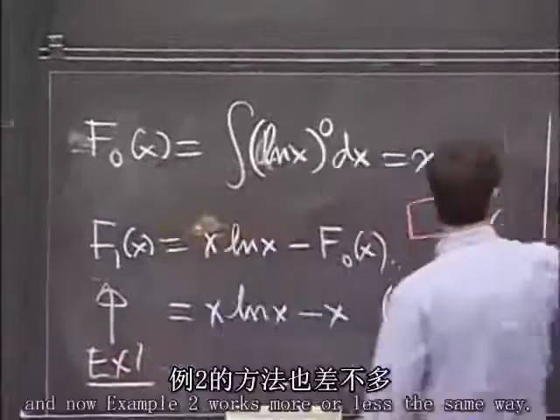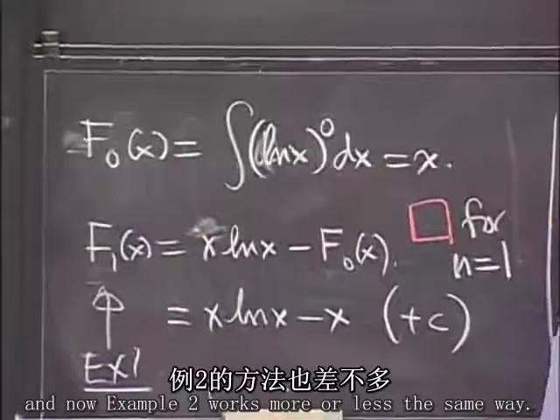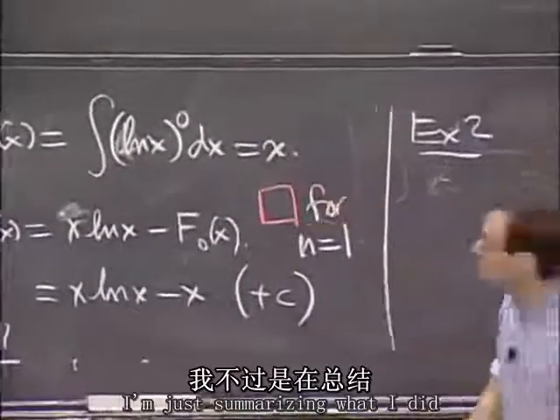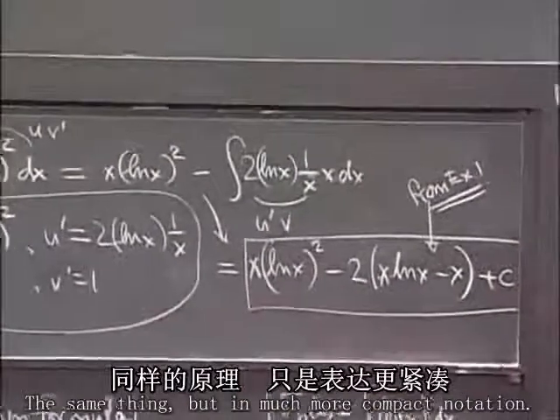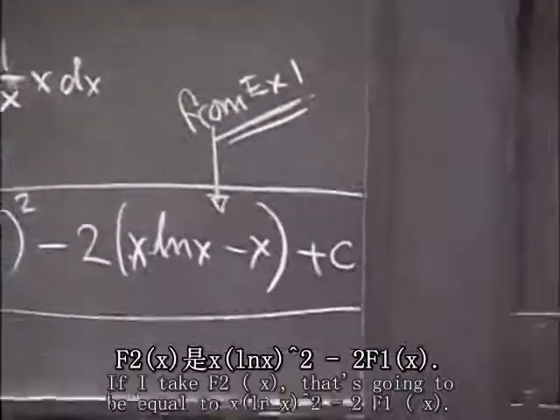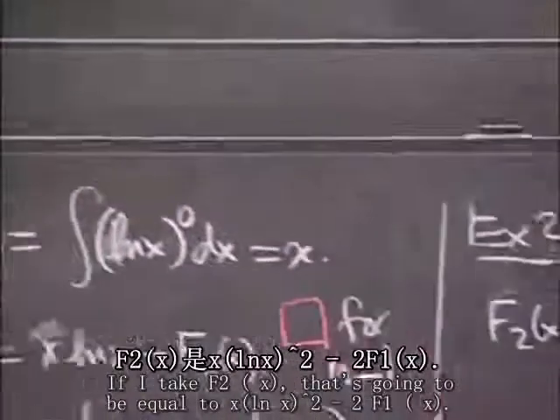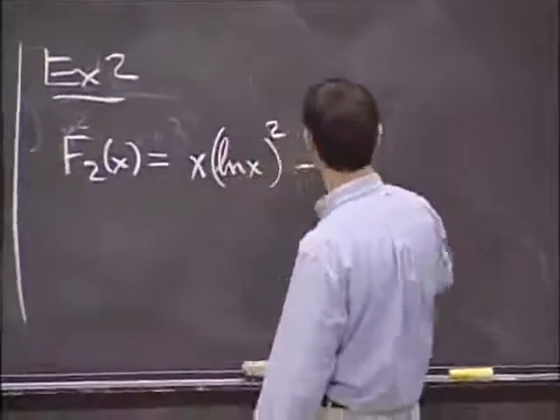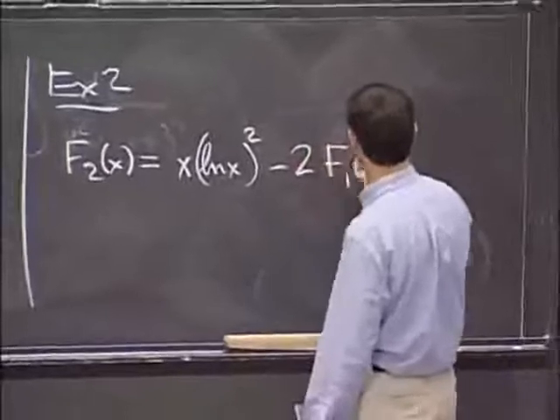Now example 2 works more or less the same way. I'm just summarizing what I did on that blackboard right up here, the same thing but in much more compact notation. If I take f2 of x, that's going to be equal to x log x squared minus twice f1 of x.